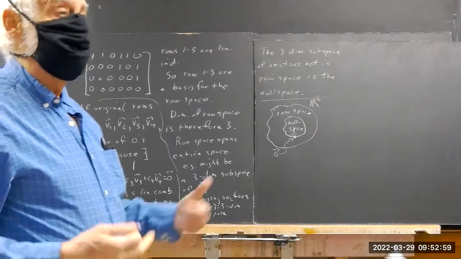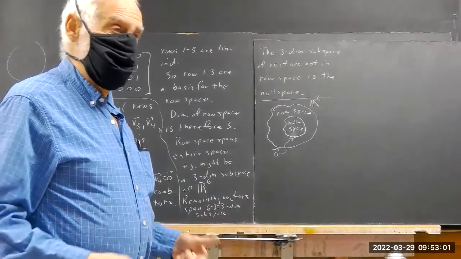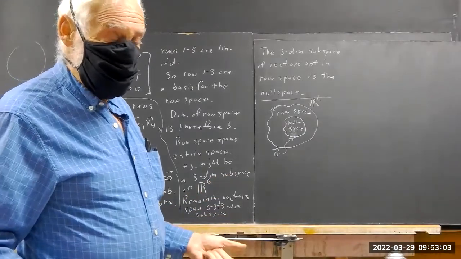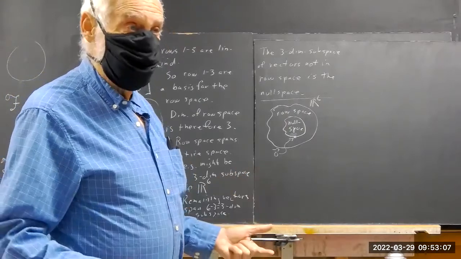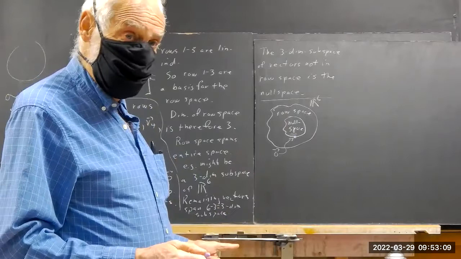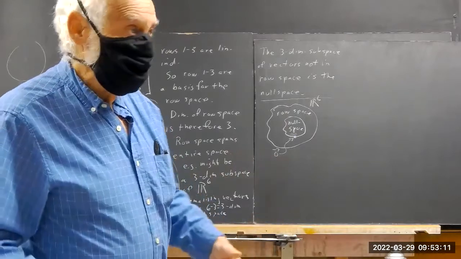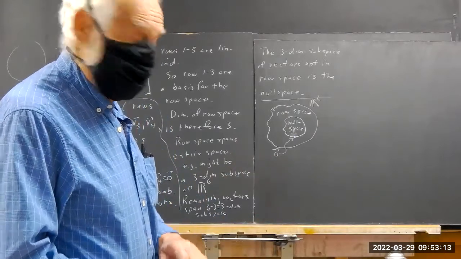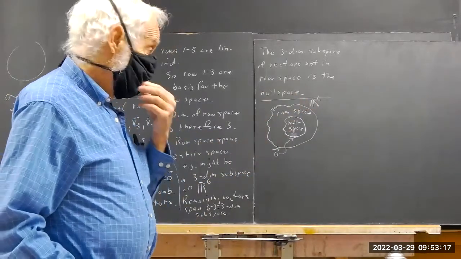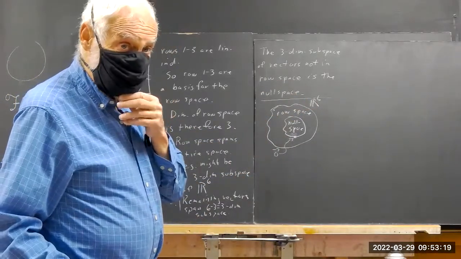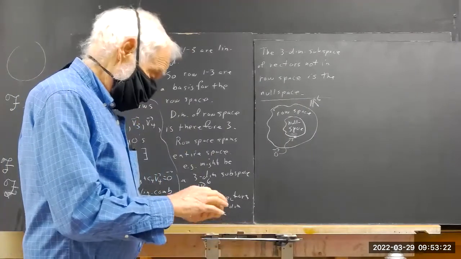Because the zero vector is in any subspace. It wouldn't be a subspace if it didn't contain the zero vector, because a subspace is a vector space in its own right. And every vector space has to have a zero vector, okay? And the zero vector has to be the same as the zero vector for the entire space. And it's pretty easy to prove that, okay?